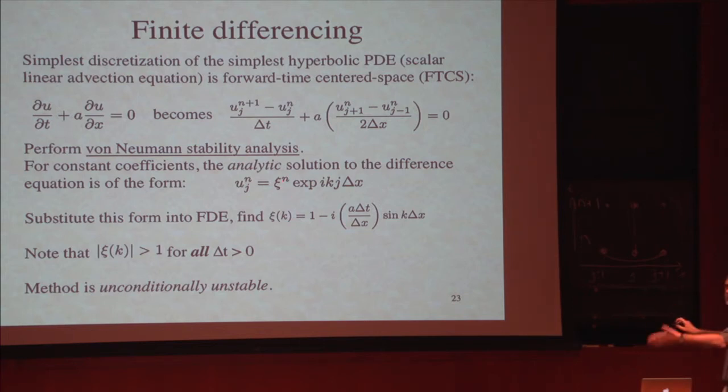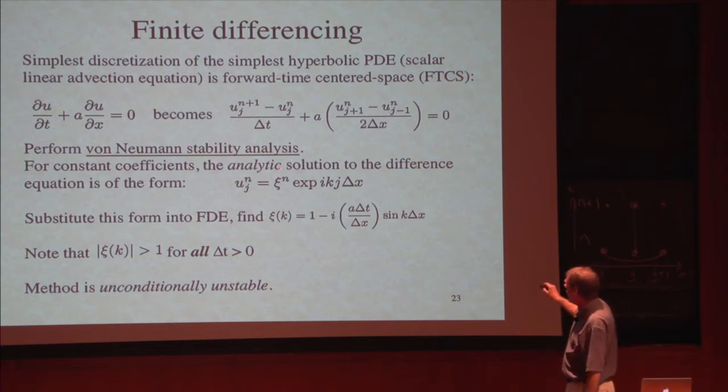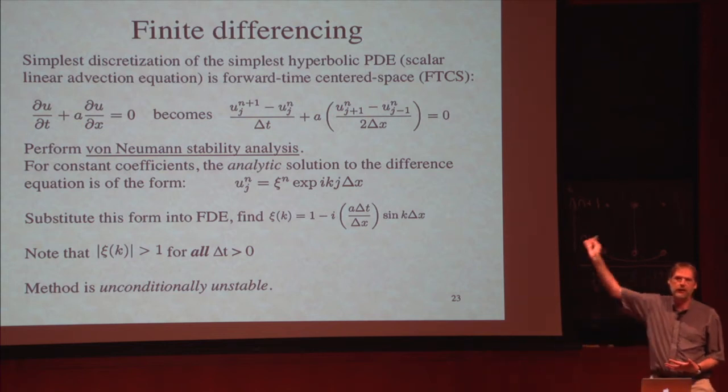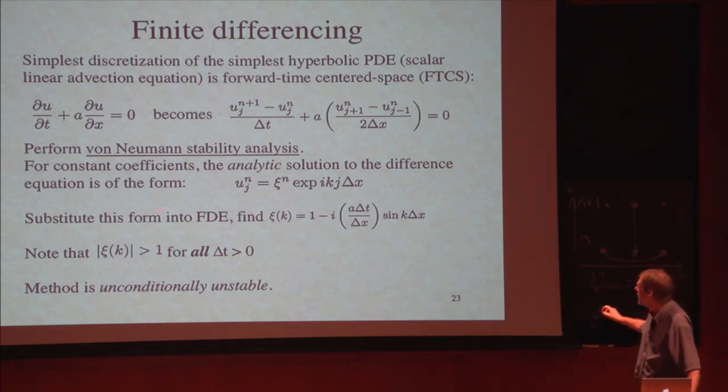Every time step multiplies c by itself one more time. So if the amplitude of c is bigger than 1, this is going to run away. Eventually, it's going to blow up because the amplitude is going to be a number bigger than 1 multiplied by itself n times. It's going to run away, larger and larger. And so a requirement is that the amplitude of c be less than 1.